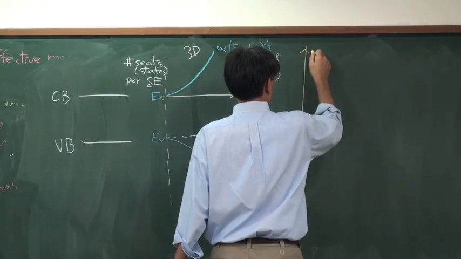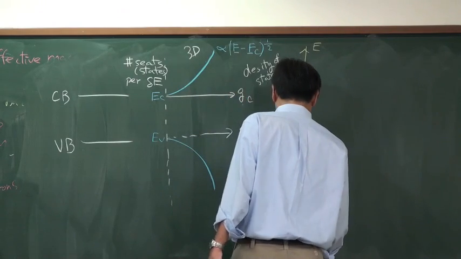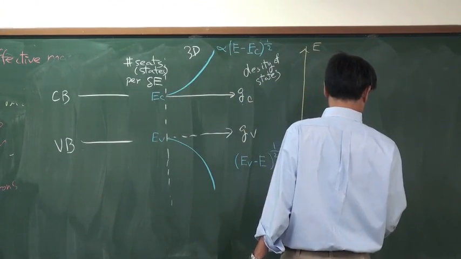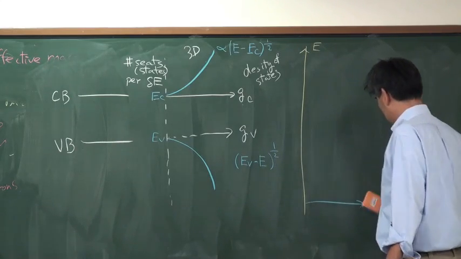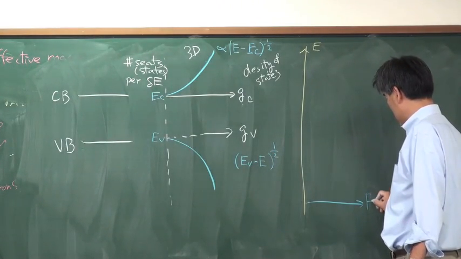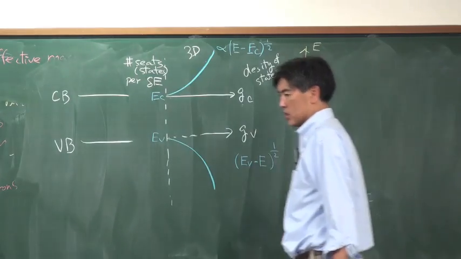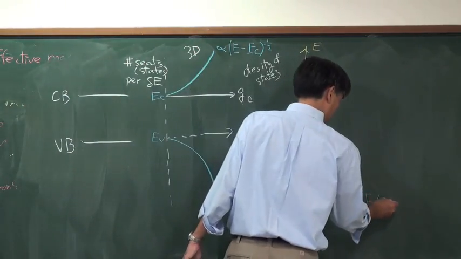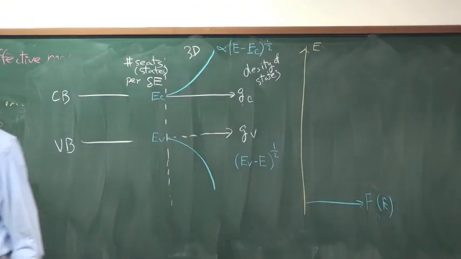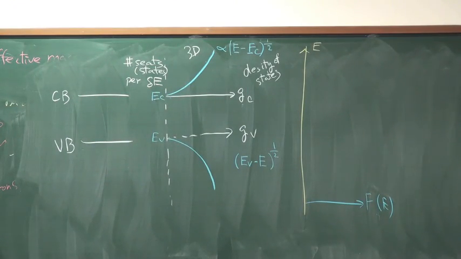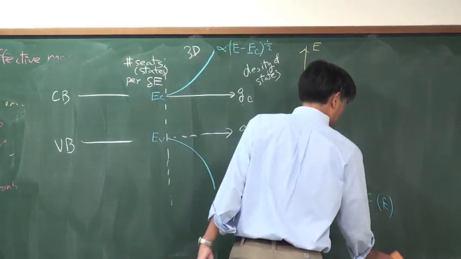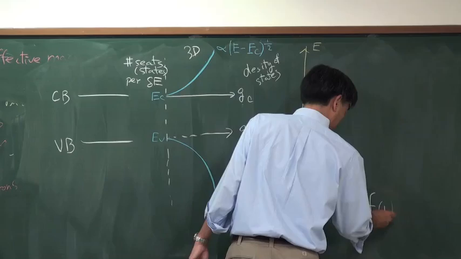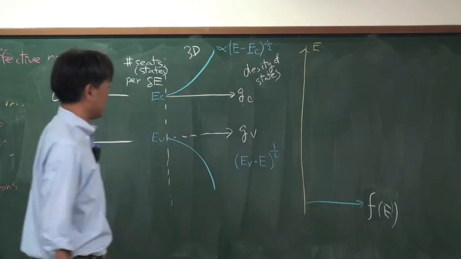So as a function of energy, let's define the Fermi function, F of E. In this book, they actually use F of E. Okay?